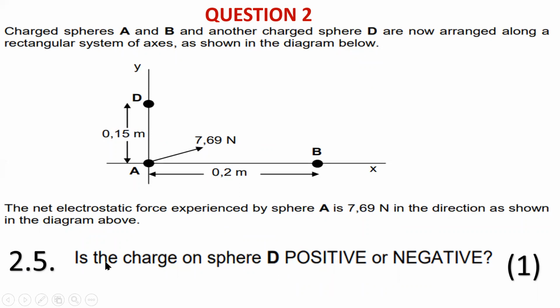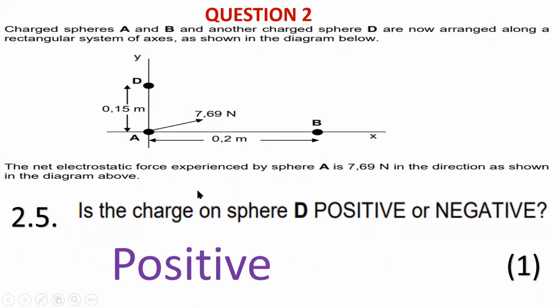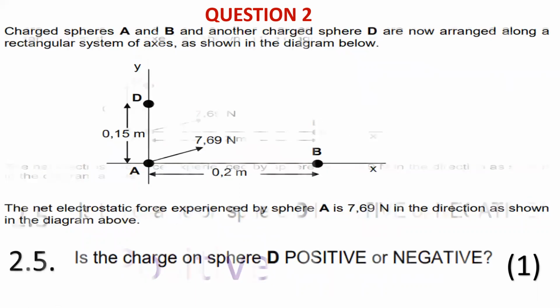What they ask is, is the charge on sphere D positive or negative? The charge on sphere D, what we know about A. Okay, as you see this way, it is attracting, and because of that, it is a positive charge. Sphere D is positive.